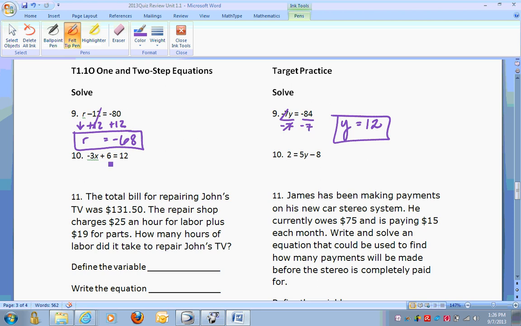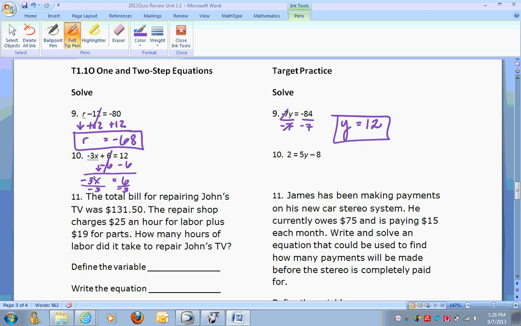Now, here on number 10, we have to get x by itself. And the first thing we're going to do is get rid of this 6. So we subtract 6 from both sides since we were adding 6. That cancels. We bring down our negative 3x. 12 minus 6 is 6. Then we're going to divide both sides by negative 3.